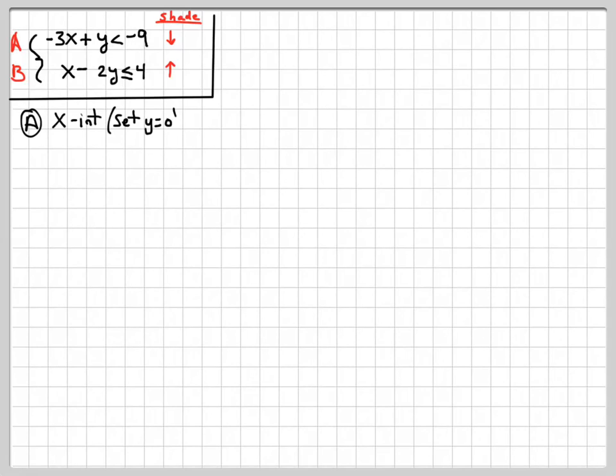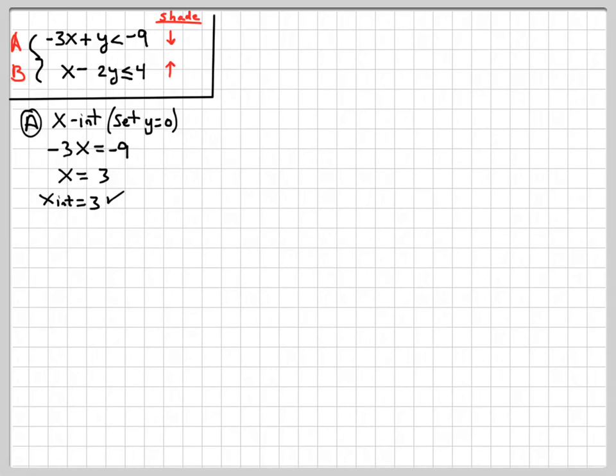Anyways, I got to make sure that I graph the lines correctly. So I'm going to do that by finding the intercepts, the x-intercept, followed by the y-intercept. If I do the x-intercept, I set y equal to 0, and I basically just get negative 3x is equal to negative 9. The y disappears.